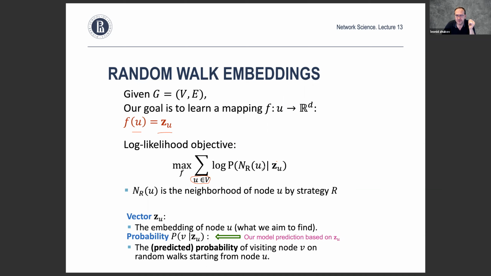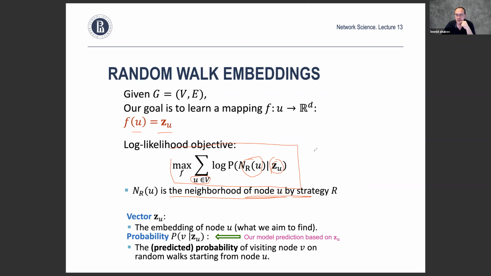So we sum over all the nodes on the graph. We start random walks from all the nodes on the graph, and N sub R of U is the neighborhood of the node that is covered by a random walk. And this is the embedding of that node into our multidimensional space, the one that we want to find. What we want to do is maximize this probability over all the nodes that we have.